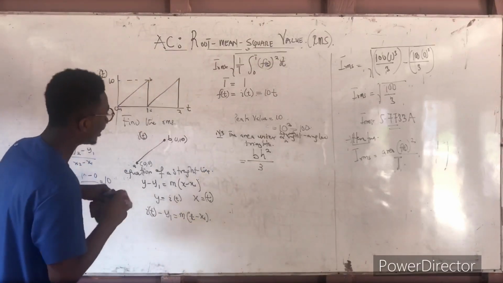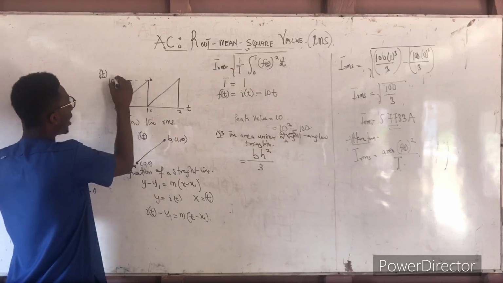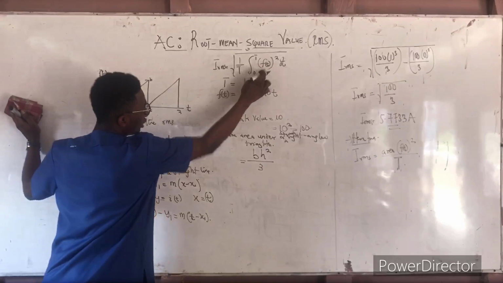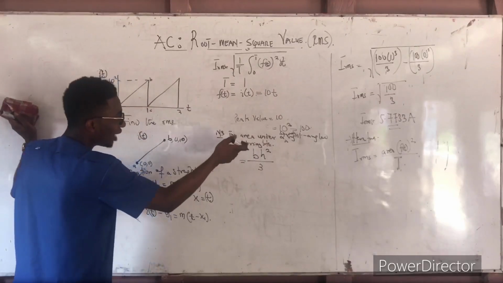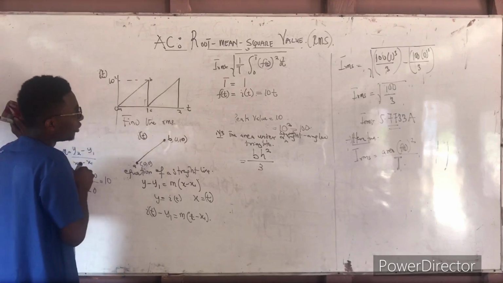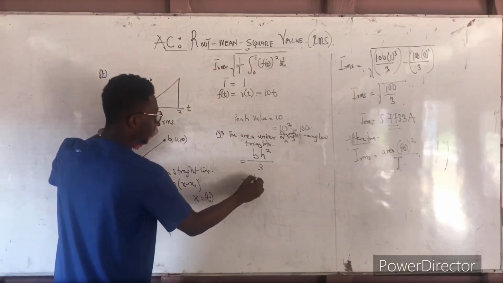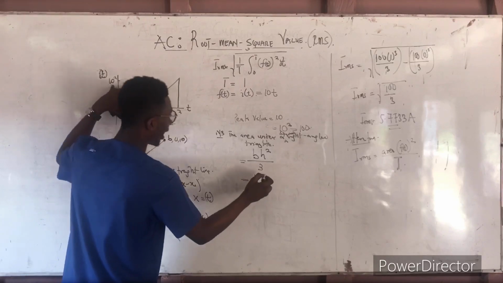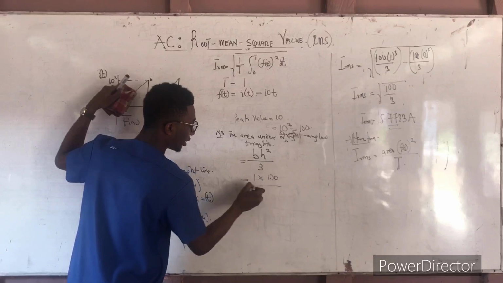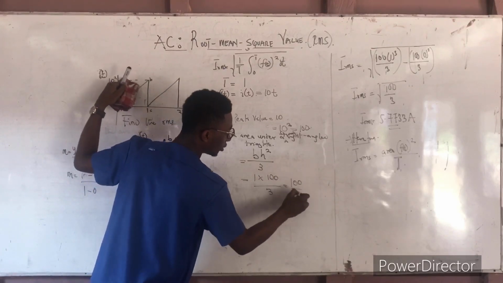So now this is a squared right angle triangle. When you square here, it's more or less like the function is squared. So if you're using the alternative, you square the peak value. So how do you find the area? The area is the base, which is 1, times the height, which is 10 squared, the same as 100, divided by 3. So you get it as 100 on 3.